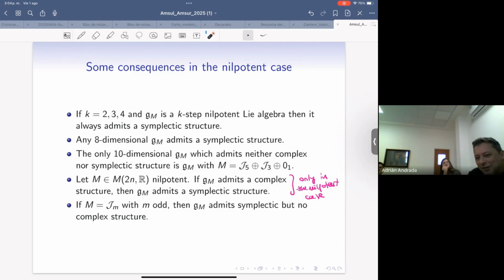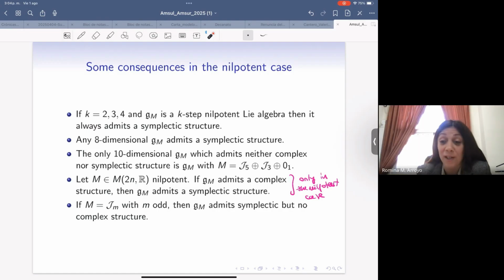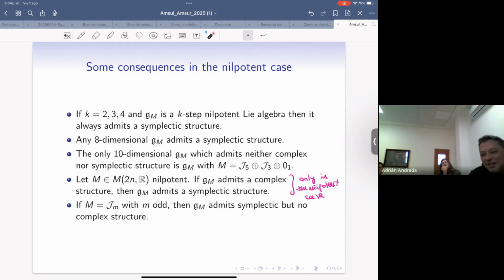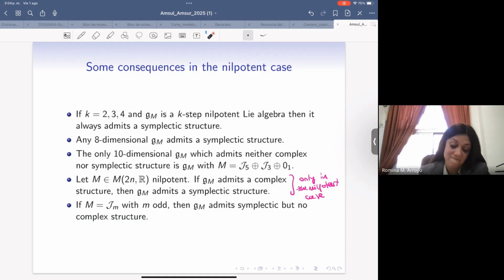I guess there are more symplectic almost abelian Lie algebras than complex ones. In the nilpotent case, yes, it seems there are more. But as I mentioned here, this is only in the nilpotent case.